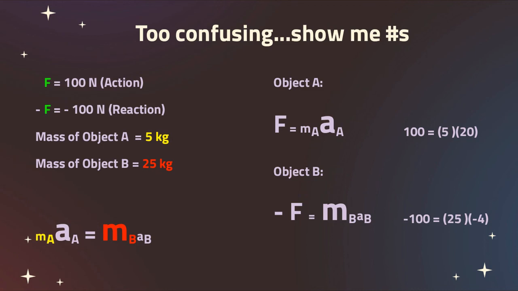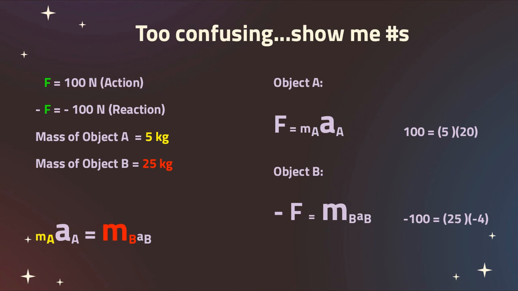If we look at the equation on the bottom left-hand side, we see that object A, with the less mass, will experience a much greater acceleration in order to have the same amount of force, when the heavier object with the greater mass, object B, experiences a lot less acceleration. So these two are inversely proportional, meaning that less mass is going to have more acceleration, and more mass is going to have less acceleration if we're talking about applying the same force.